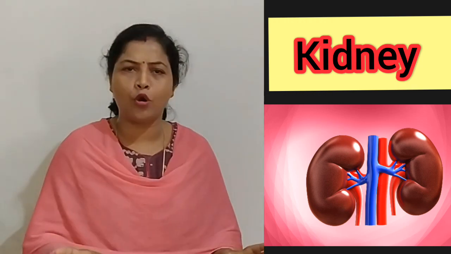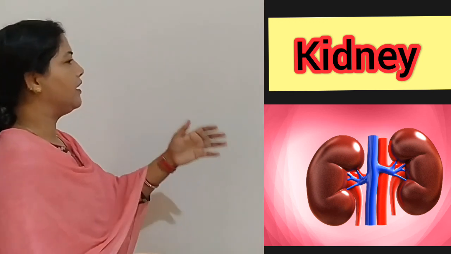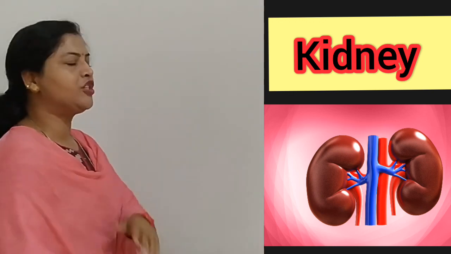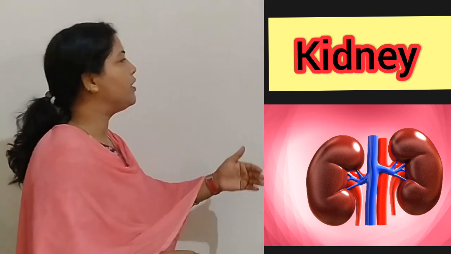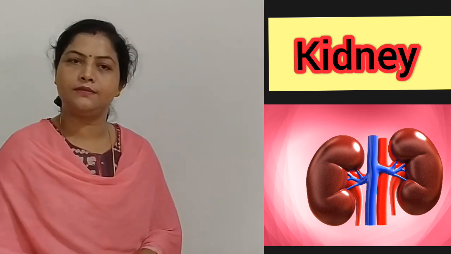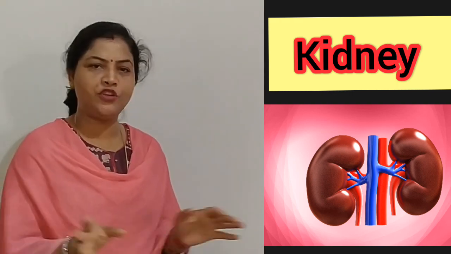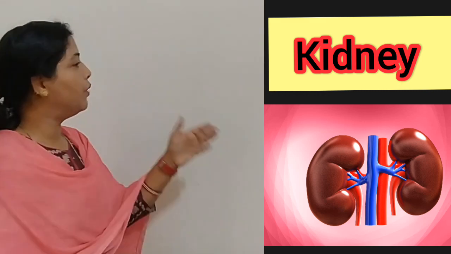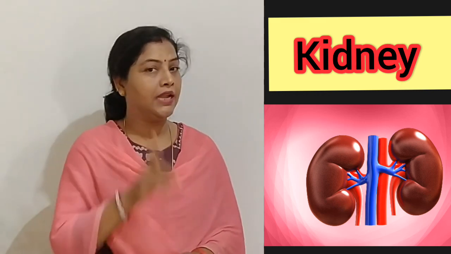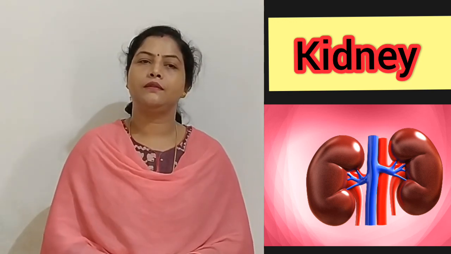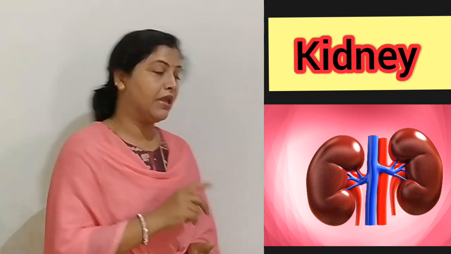But what will happen if any of the kidney stops functioning? If one kidney stops functioning, there is no problem. This one is sufficient to carry out the elimination of toxic substances. But if both the kidneys stop functioning, then the death of the patient may occur.